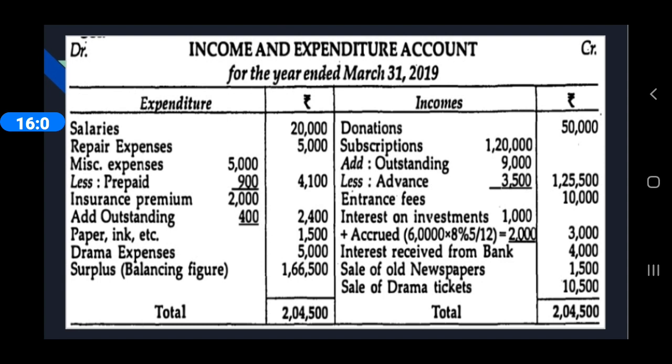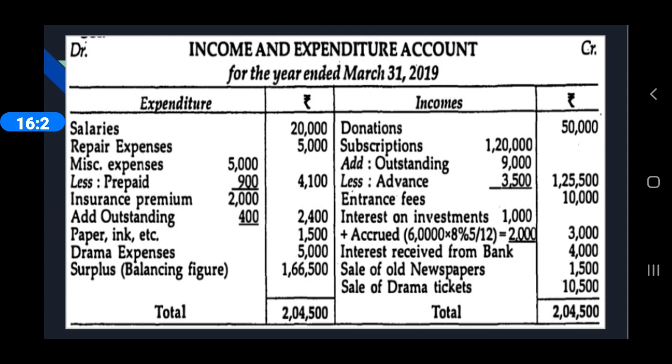So already we have received 1000 rupees, but one more 2000 rupees is outstanding, meaning the current year income on investment, that is interest on investment, is 3000. Then we have also received some interest from bank, that is 4000.